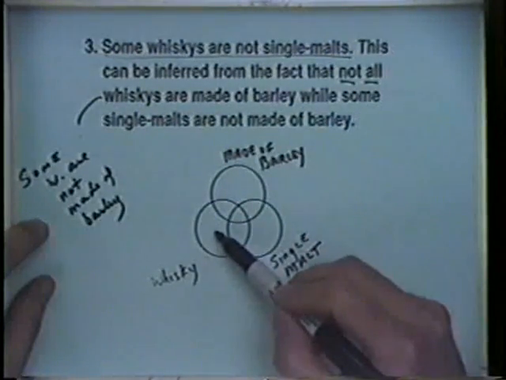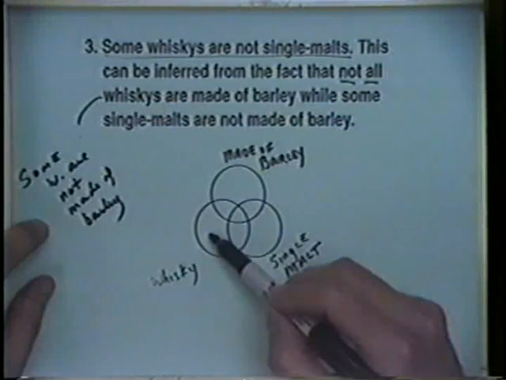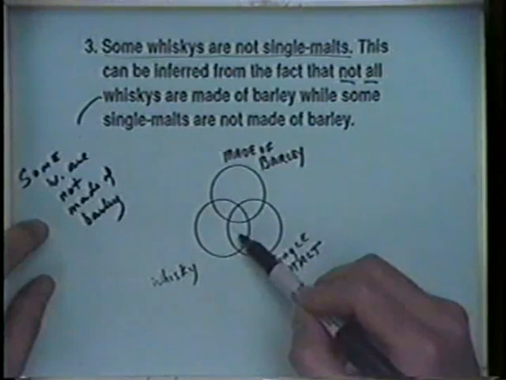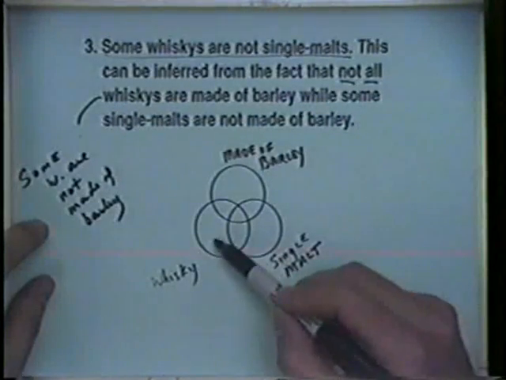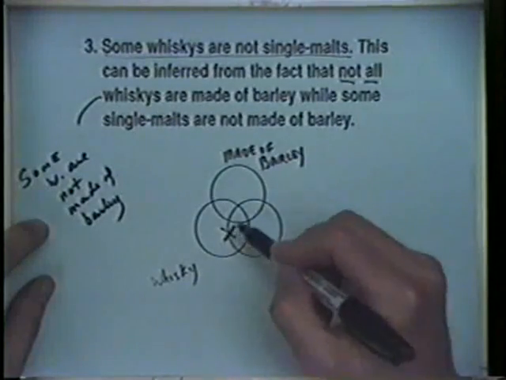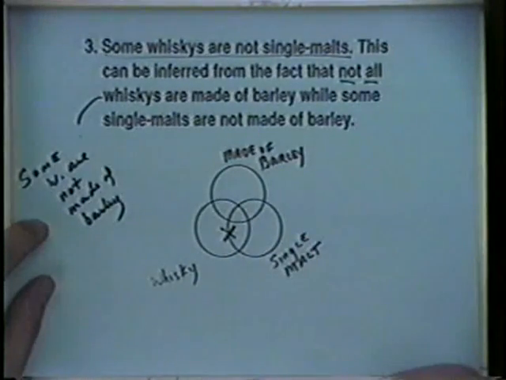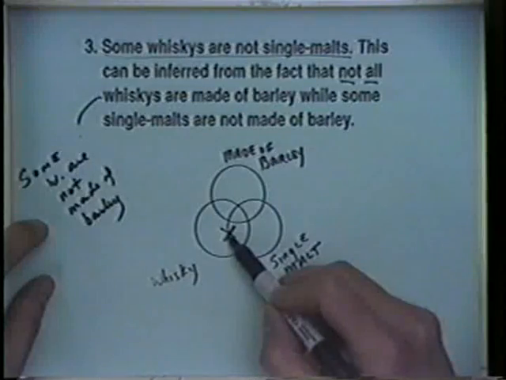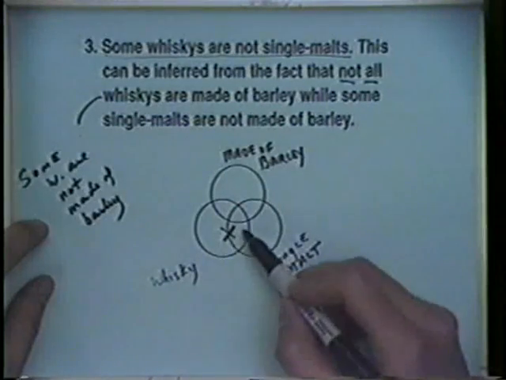We don't know, however, whether the X should be placed here or here. The premise, in other words, doesn't assert that it's in one or the other of these adjoining areas, and that's the situation in which you put the X right on the line. This means something could either be over here or perhaps over there.